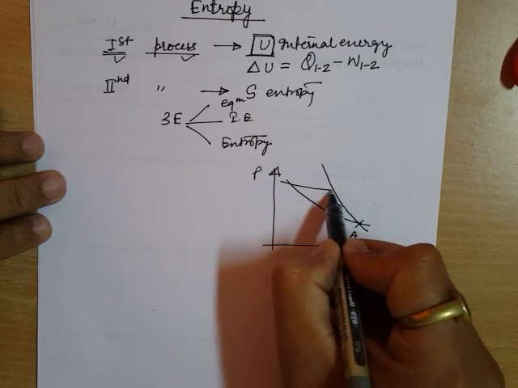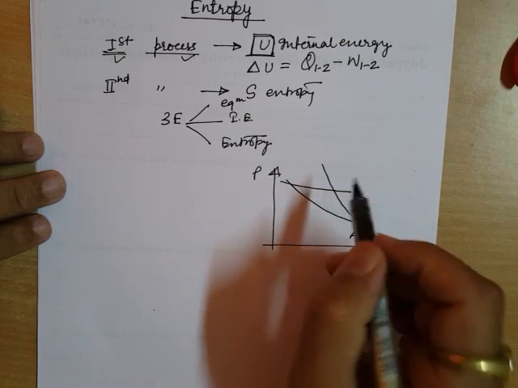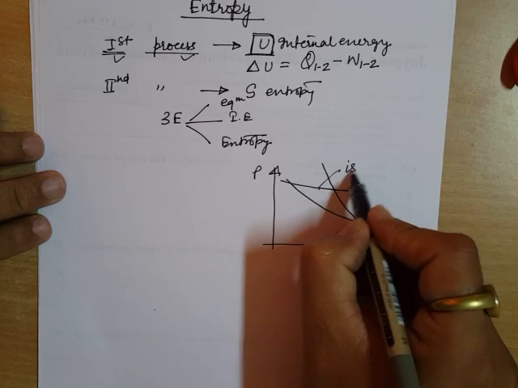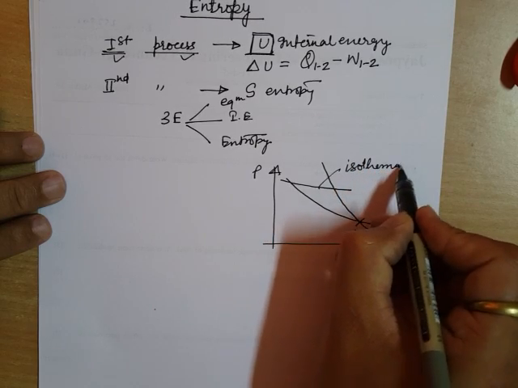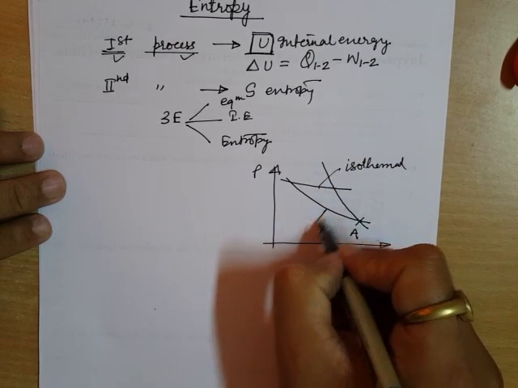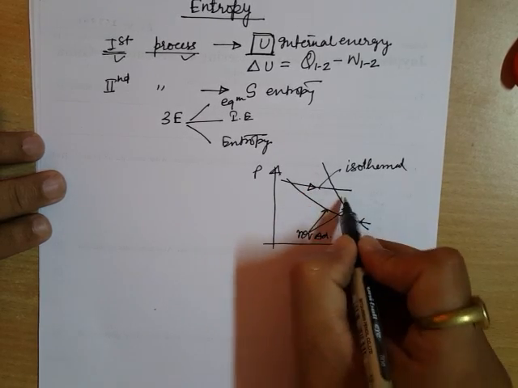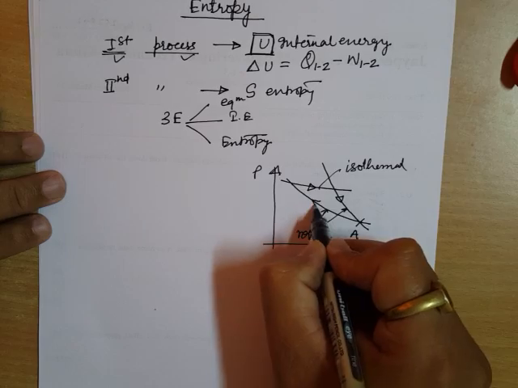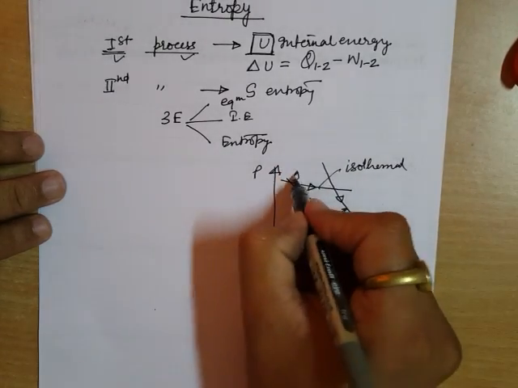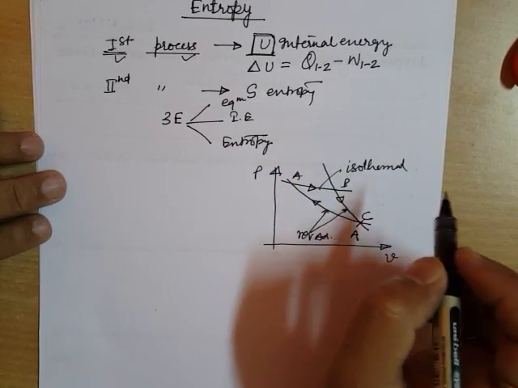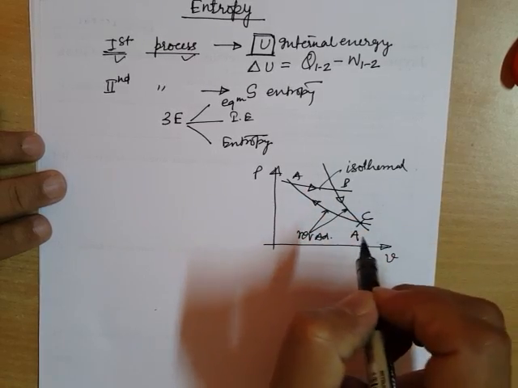Now, you close this by an isothermal curve, and these are reversible adiabatic. So what is happening? You can see a cycle. Let us say this is point A, this is point B, this is point C. So this system is performing a cycle.